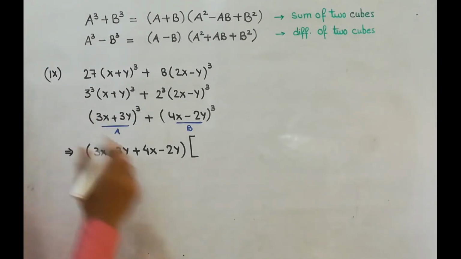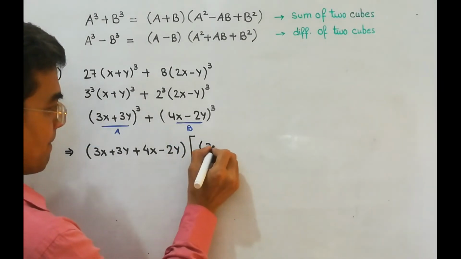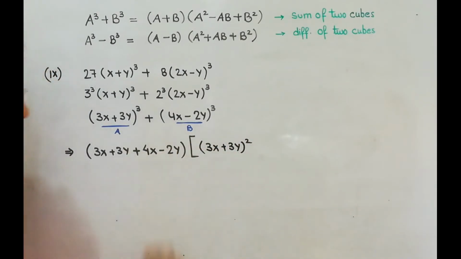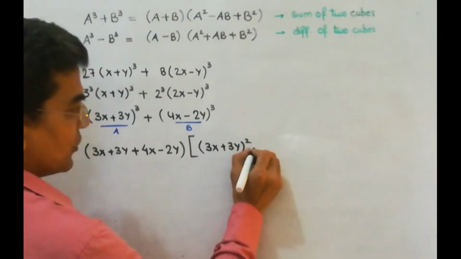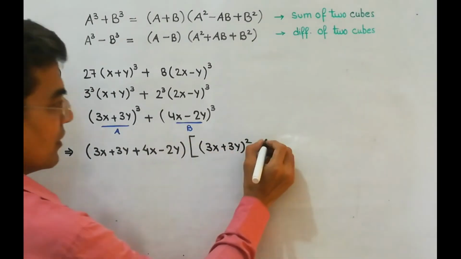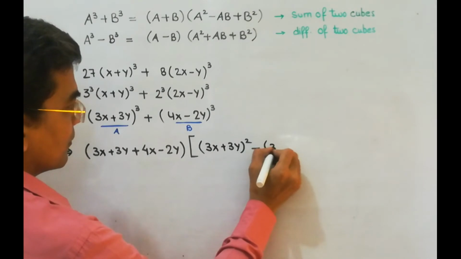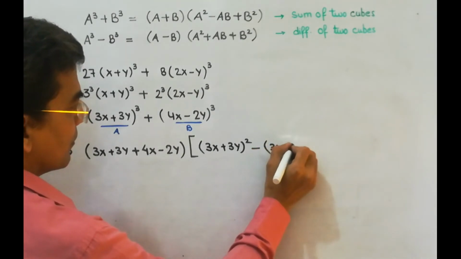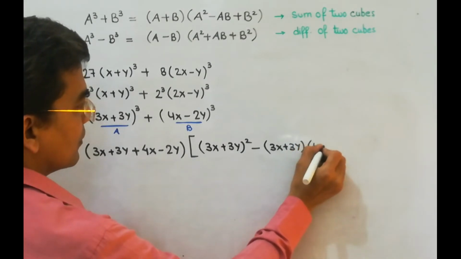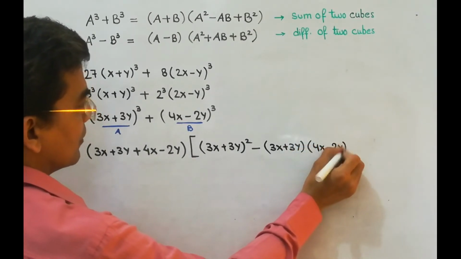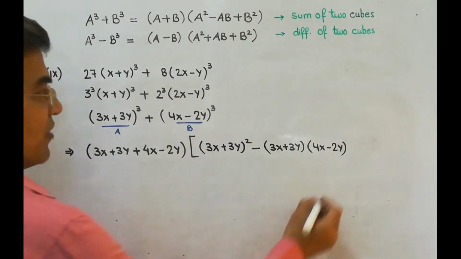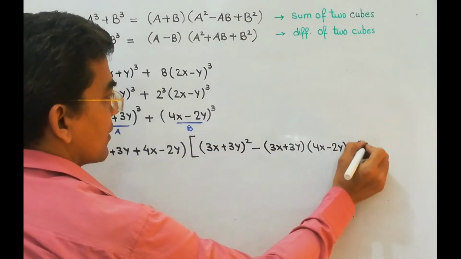So this is your a, so square of a. Then you have to write minus the product of a and b. Now you will multiply these two, a into b. a square minus ab, and finally you have to write b square.